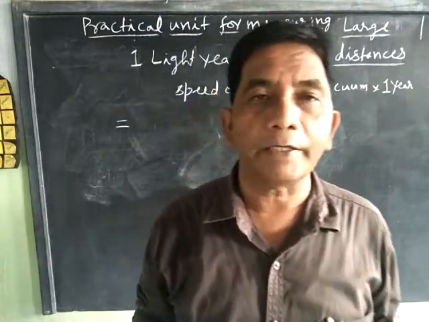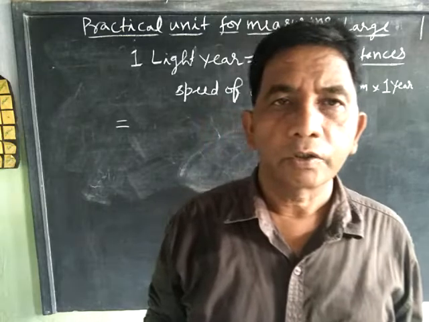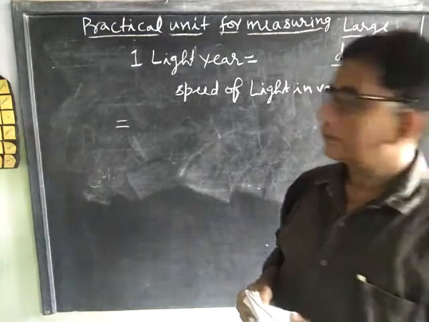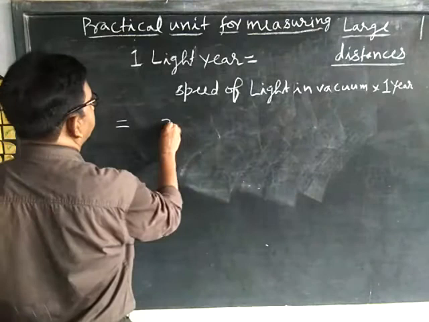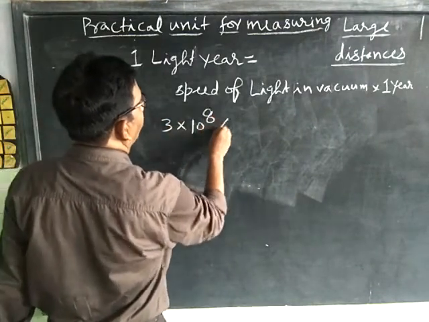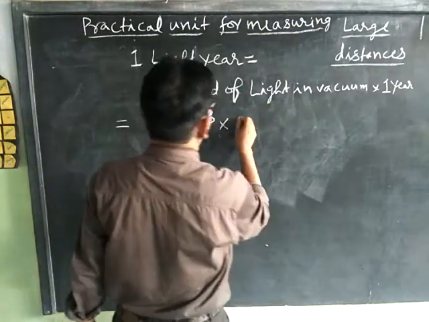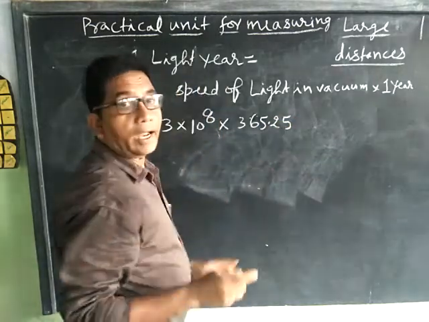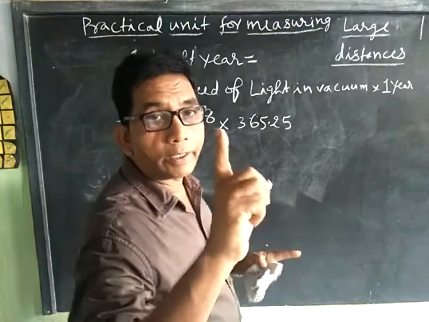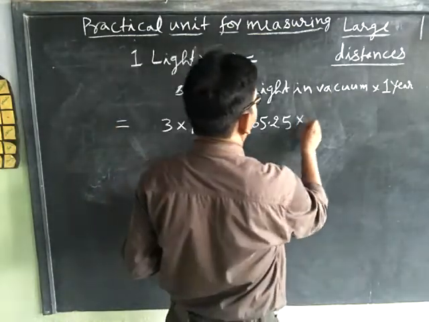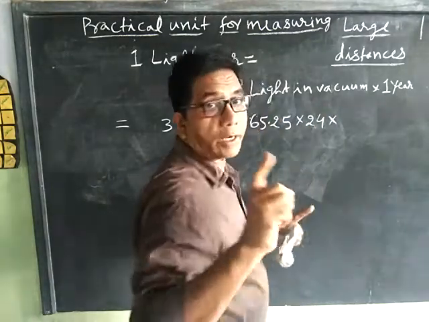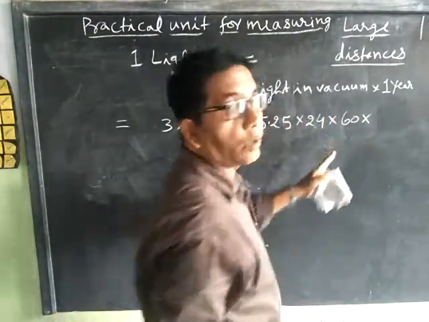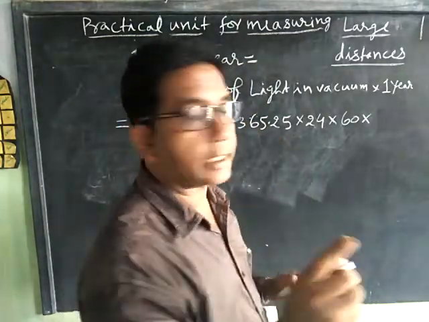We know how many days in 1 year? Average 365.25. So the speed of light 3 into 10 power 8, and in 1 year 365.25 days, and days we convert into hours: 1 day contains 24 hours, so we multiply by 24, and 1 hour contains 60 minutes, we multiply by 60, and 1 minute contains 60 seconds.